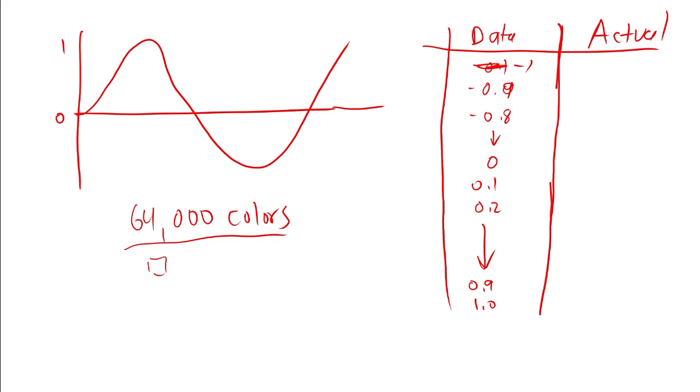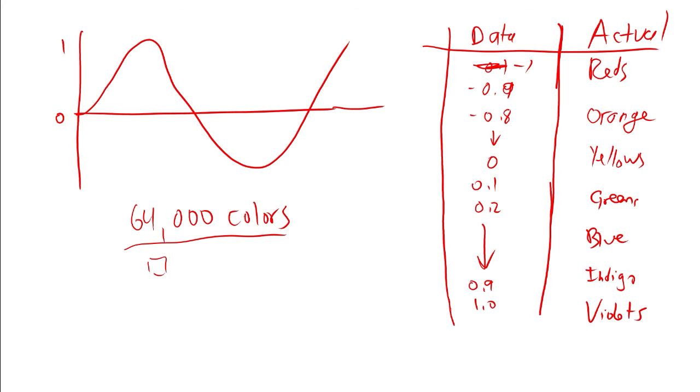I've only approximated 20 values, but let's say that this end is reds, all the Roy G. Biv: reds, orange, yellows, greens, blues, indigos, violets. In other applications, though, this could be a temperature sensor, audio.